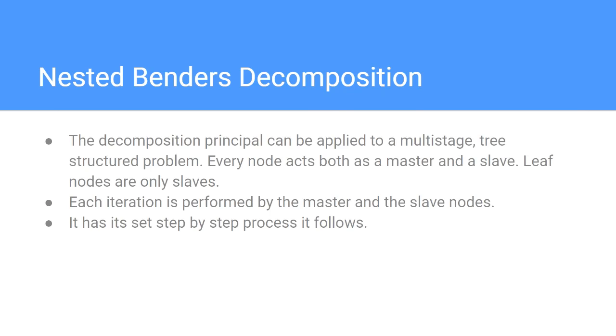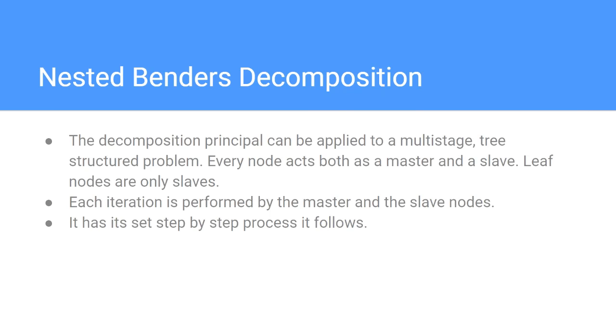So now we will talk about nested Benders decomposition. The decomposition principle can also be applied to a multi-stage tree-structured problem. Each node acts both as a master and a slave. Only leaf nodes are slaves.